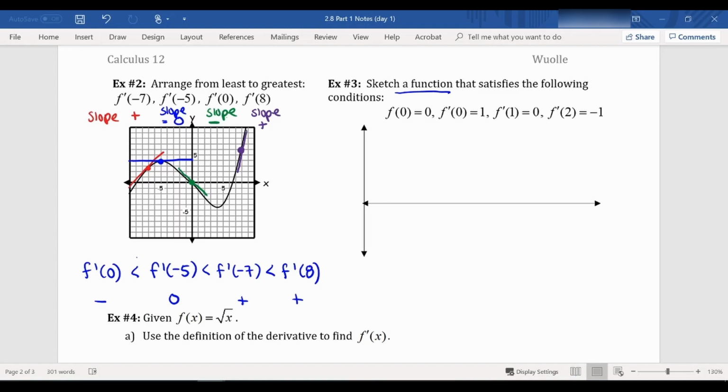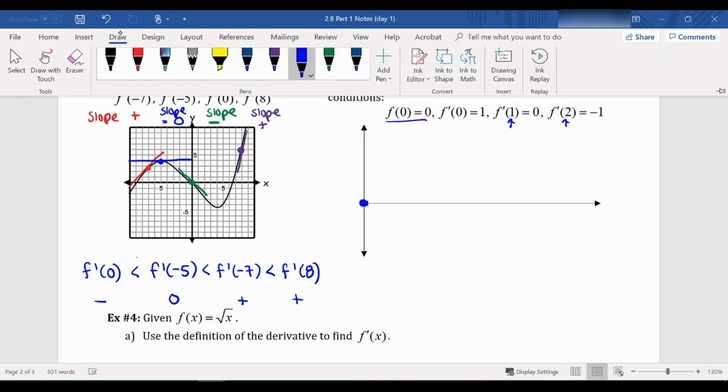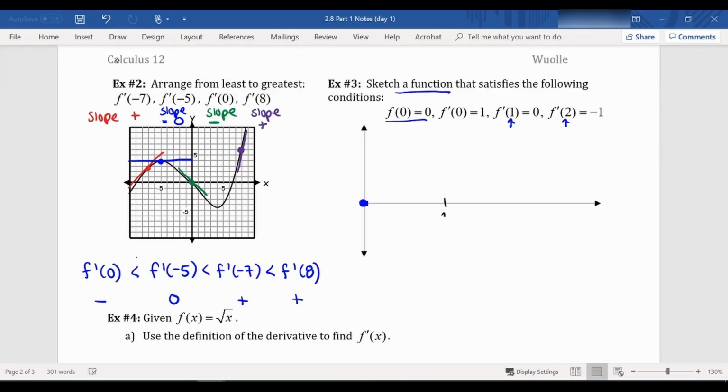So I'm going to start with this point here. This is f of 0 equals 0. Okay. Now I also know I'm given some information when x is 1 and when x is 2. So I'm going to put a 1 and a 2 on my axis. Okay.